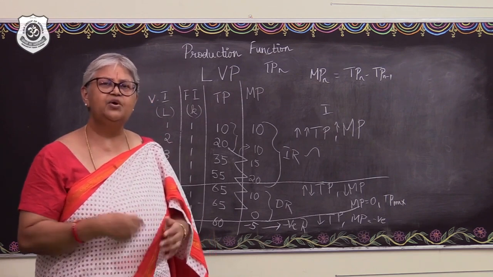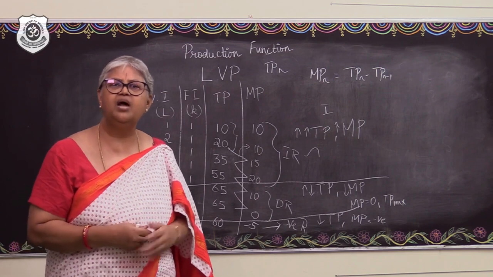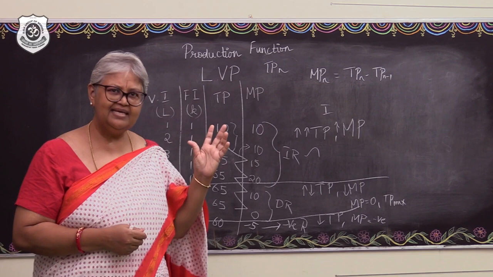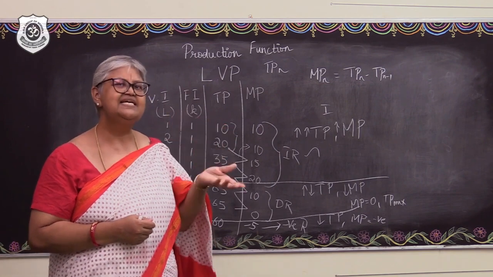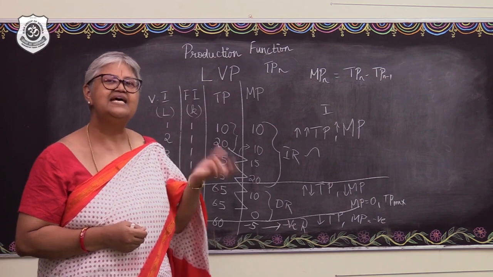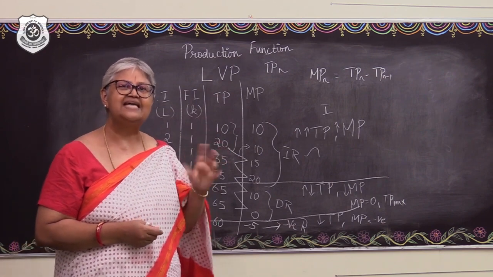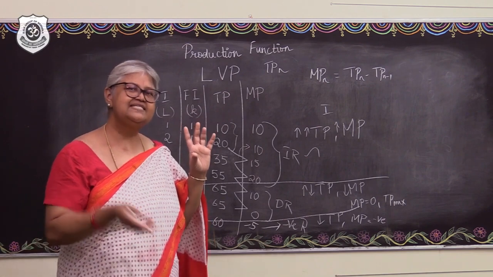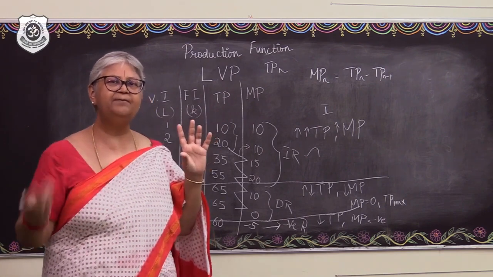Even as more and more variable inputs are going to be employed in the process of production, initially the total product increases at an increasing phase, and then the total product increases at a decreasing phase, and then it increases at a negative rate. Or rather, let's look into it in terms of MP.